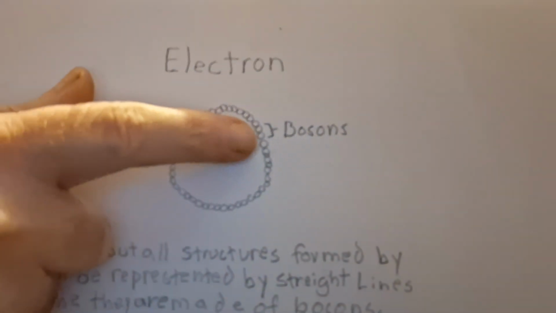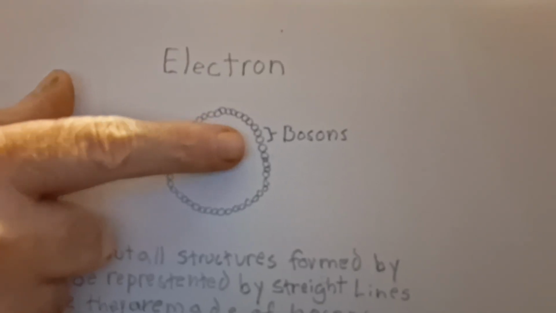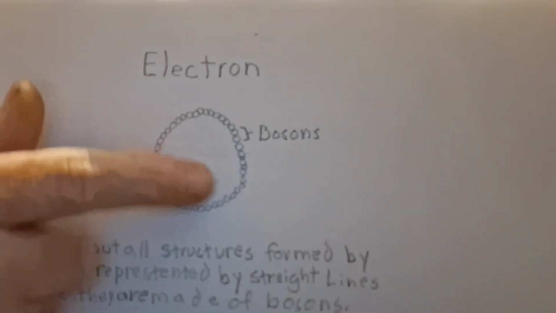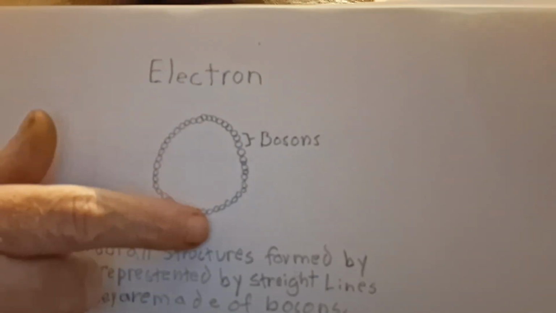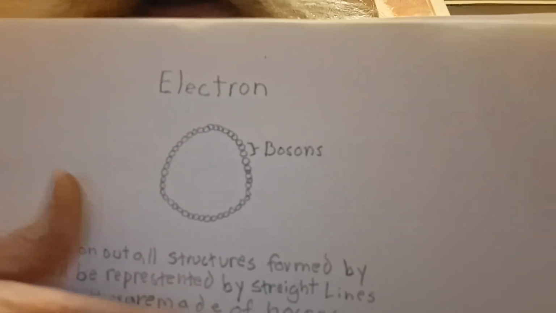Those bosons are your smaller fundamental strings. They bond into an electron string, and this string spins right or left to generate its polarity, negative or positive electromagnetic.